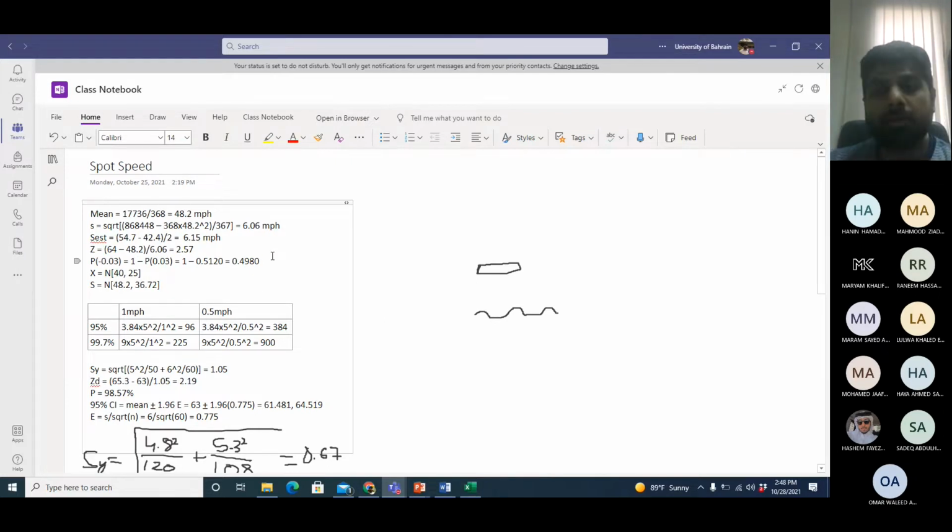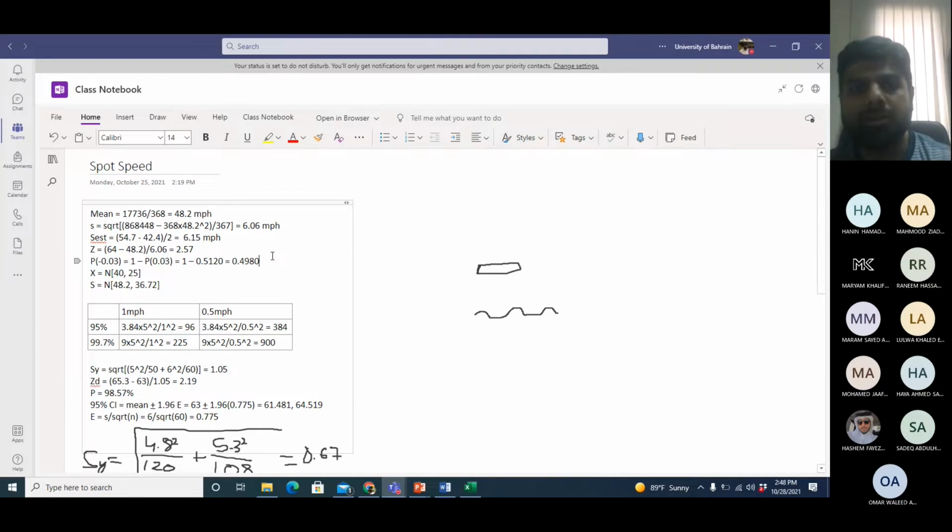So whenever you are looking for the probability of a negative z value, this is not given in the table. Obviously I'm talking about the half table, the table which you have in the book, which does not have negative values. So you go to that table, find out the probability without the sign, and then whatever probability you got, you do 1 minus that value.